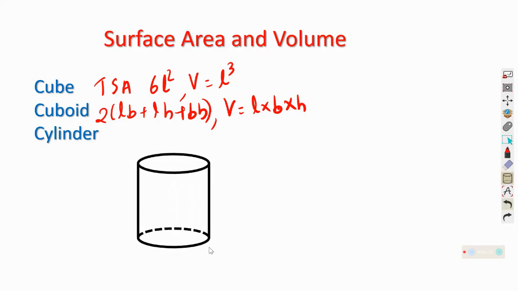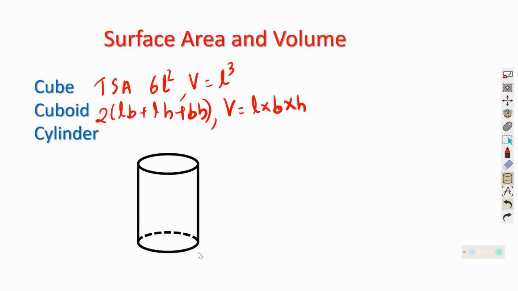What is the peculiarity of a cylinder? It has a circular top and bottom, and then two vertical heights, the sides, which we can say. But is it like a cube or cuboid? The peculiarity is that it has a curved surface. Because of the circular nature, it is curved.